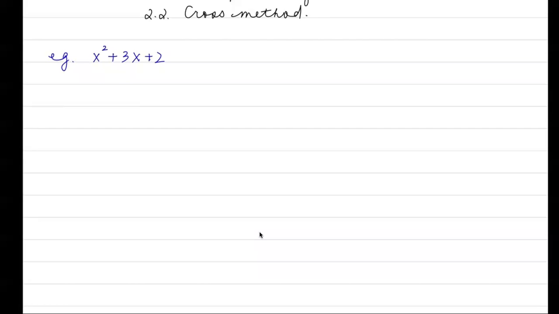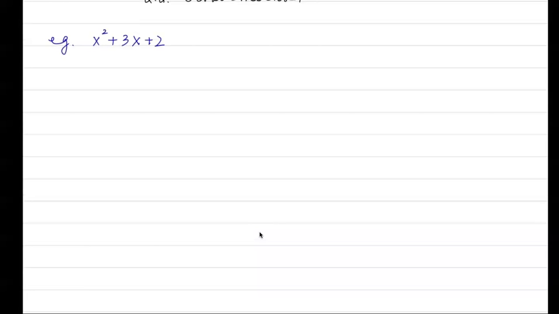So x squared plus 3x plus 2. We have a few conditions. m plus n is equal to the coefficient of the middle term. We have done this multiple times in class. So m plus n is equal to 3.